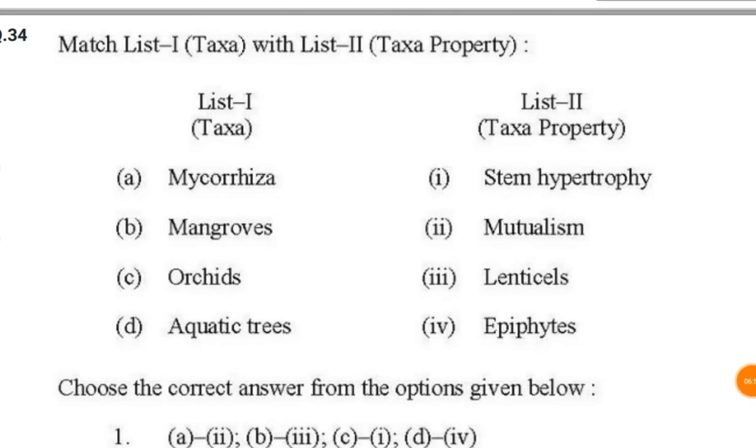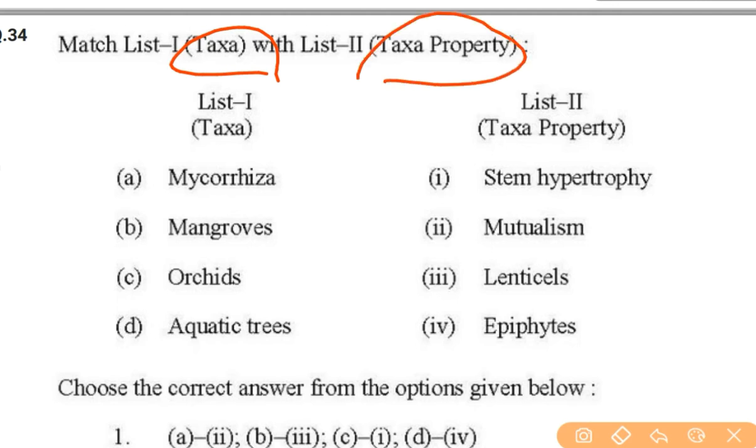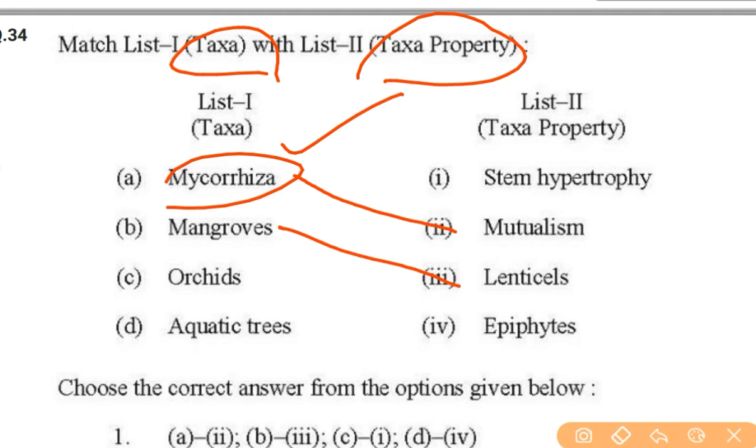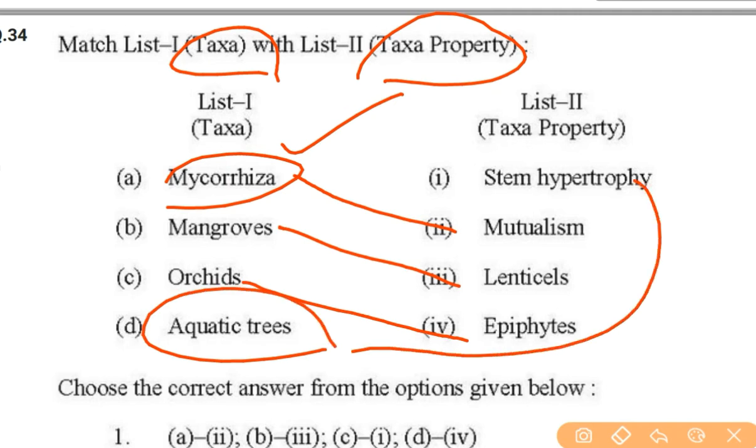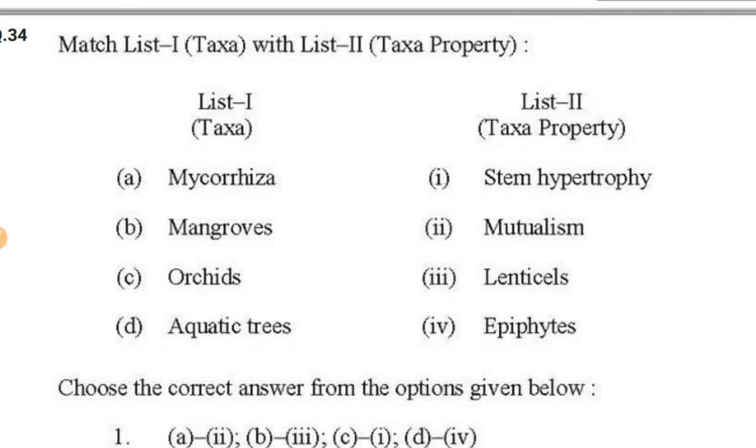Question number 34, match the list given: the taxa and their properties. Mycorrhiza shows mutualism. Mangroves have lenticels, orchids are epiphytes, and aquatic trees show stem hypertrophy. So our right answer is the second one.